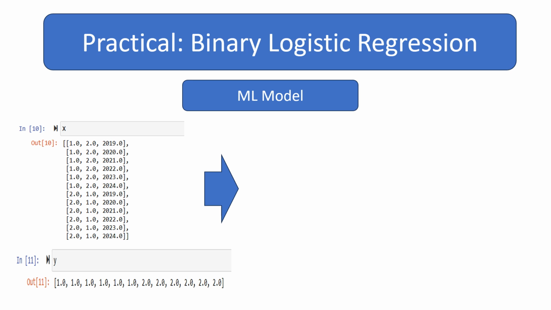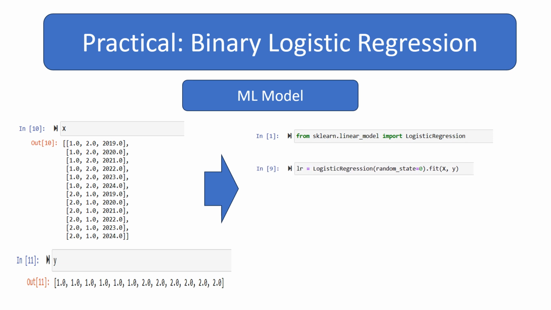And let Y be the model training output, a 1D array or list. To create logistic regression, first we need to import LogisticRegression from the scikit-learn library. Then, create model object LR from class LogisticRegression with random_state equal to 0. After that, use the fit function to load training data X and Y into the logistic regression model. The logistic regression model is ready now for testing.